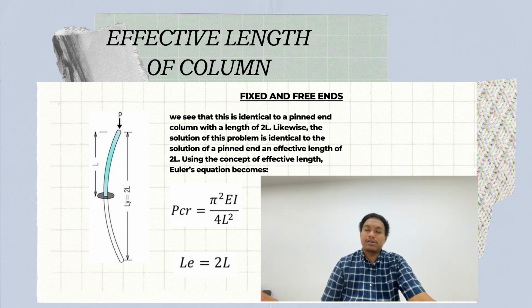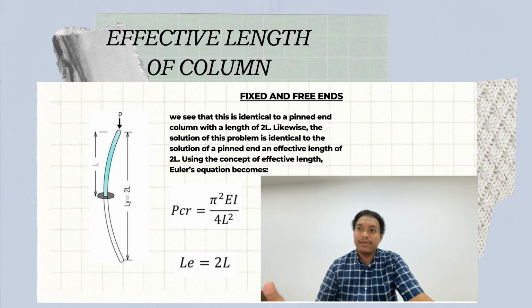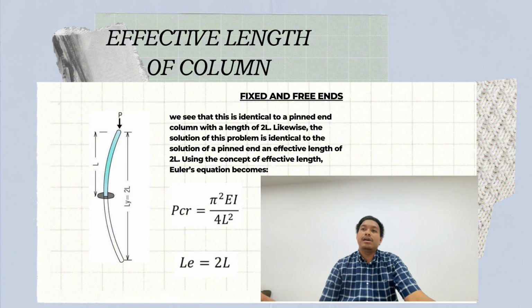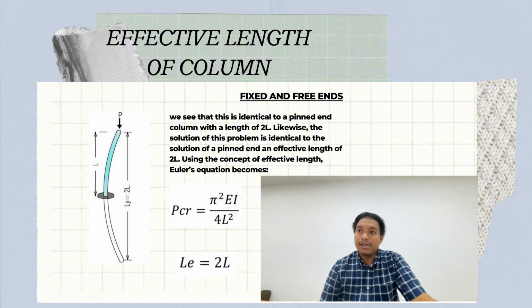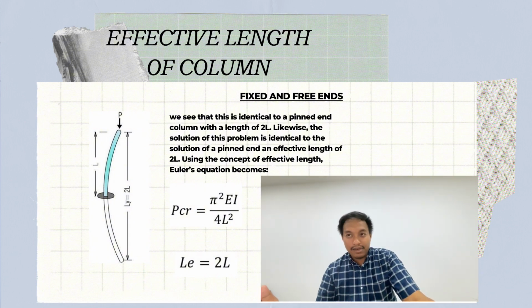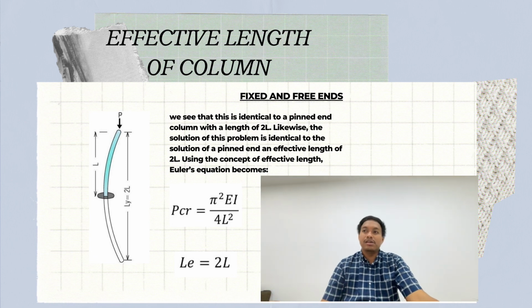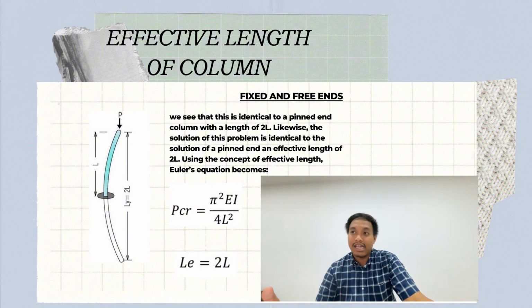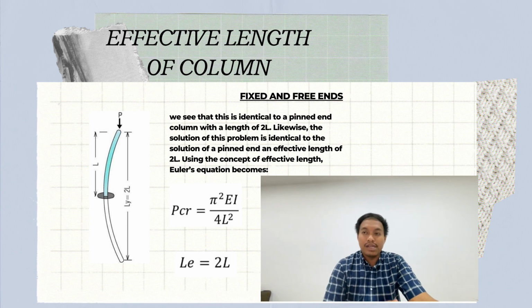Okay, for this condition we have two cases: fixed end and free end. For the first condition, in the case of fixed end, the column is considered to be fully restrained against lateral displacement. This means that the column cannot rotate or deflect at the end. The effective length of column with fixed end is equal to the actual length of column.